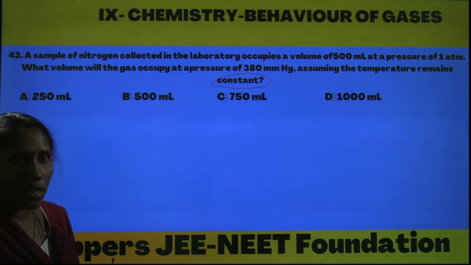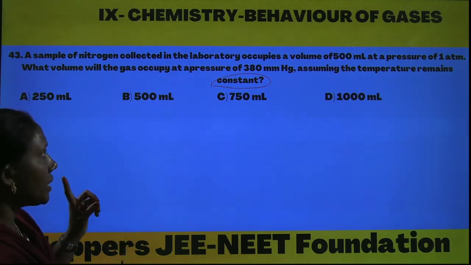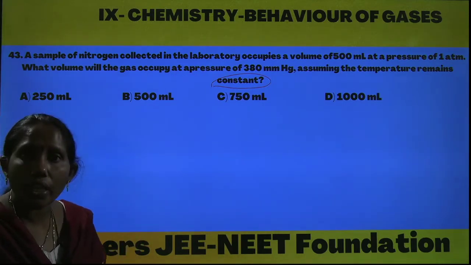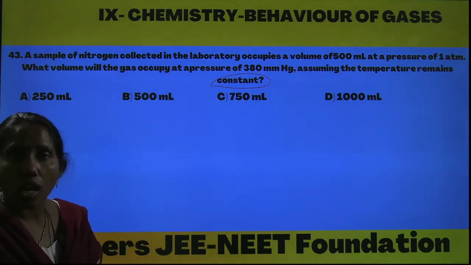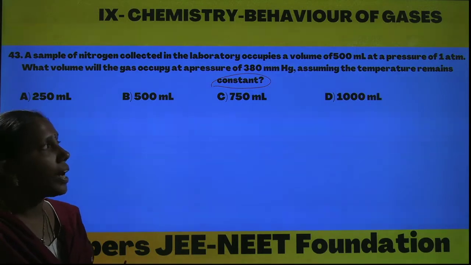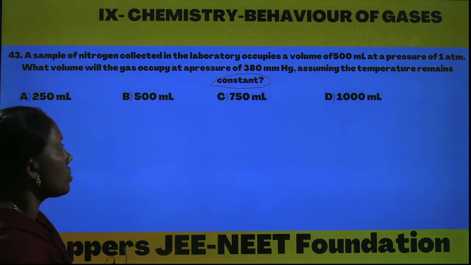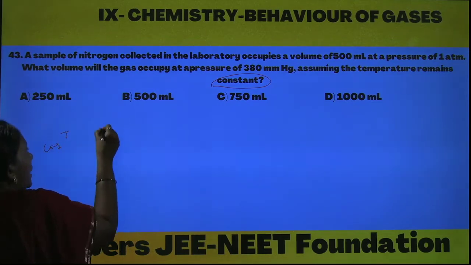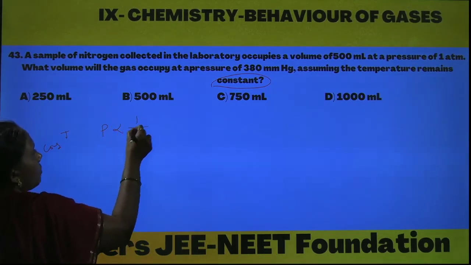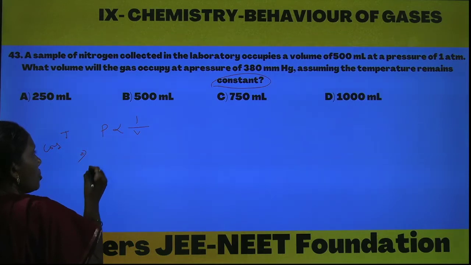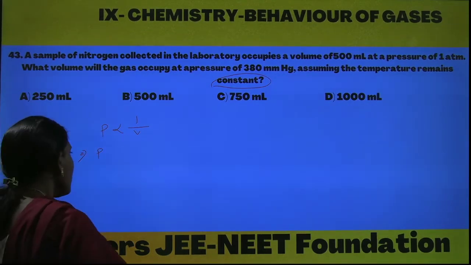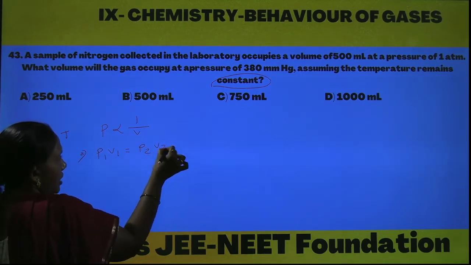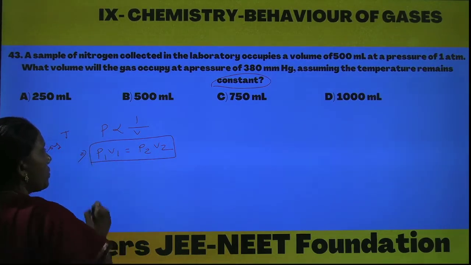Temperature is constant and he has given the relation between pressure and volume. So obviously we will use the formula P1 V1 equal to P2 V2.